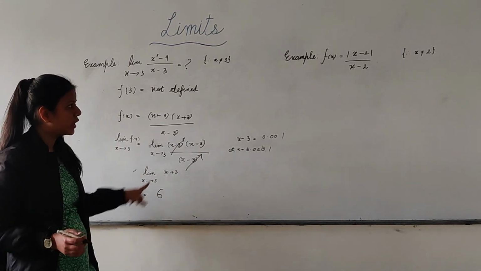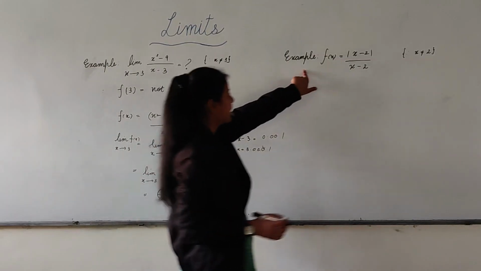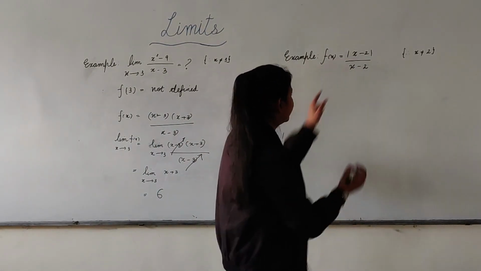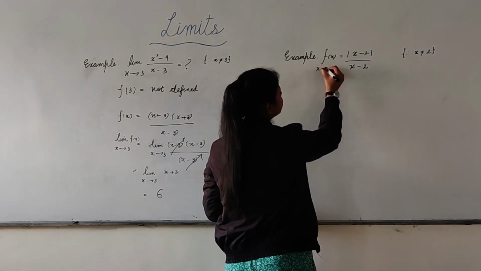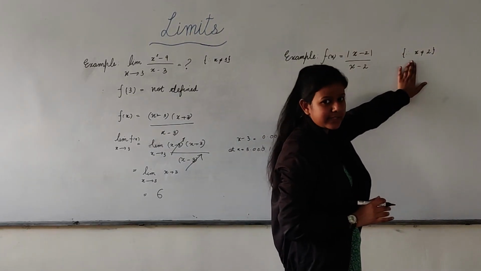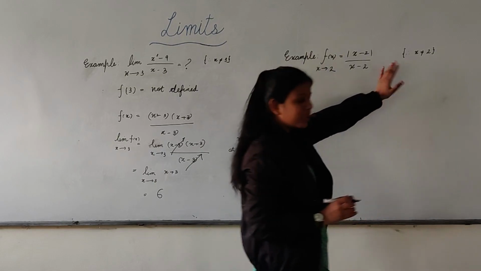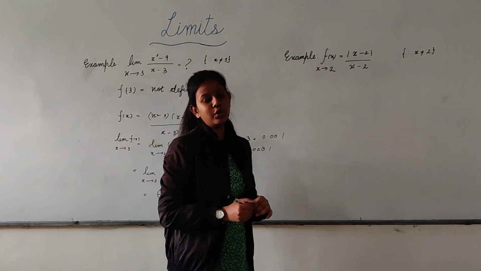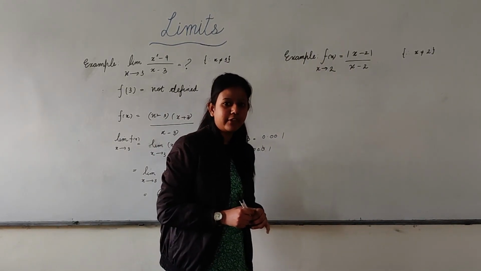Now we check one more example, that is, what will f(x) be tending to as x approaches 2. The domain is written here: x is not equal to 2 because at x equal to 2 the function will not be defined.